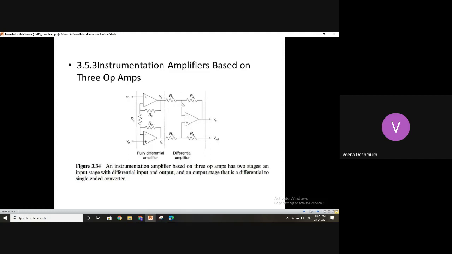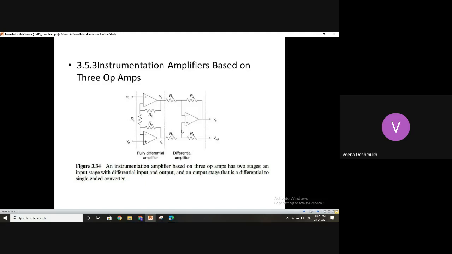And what is there in the third stage, or rather in the third op amp? Now once you know VA and VB, here they are connected to the minus and plus terminals. So here actually what comes? These two are equal value resistors. So VA and VB, the same portion here, is connected to the inverting and non-inverting terminals.